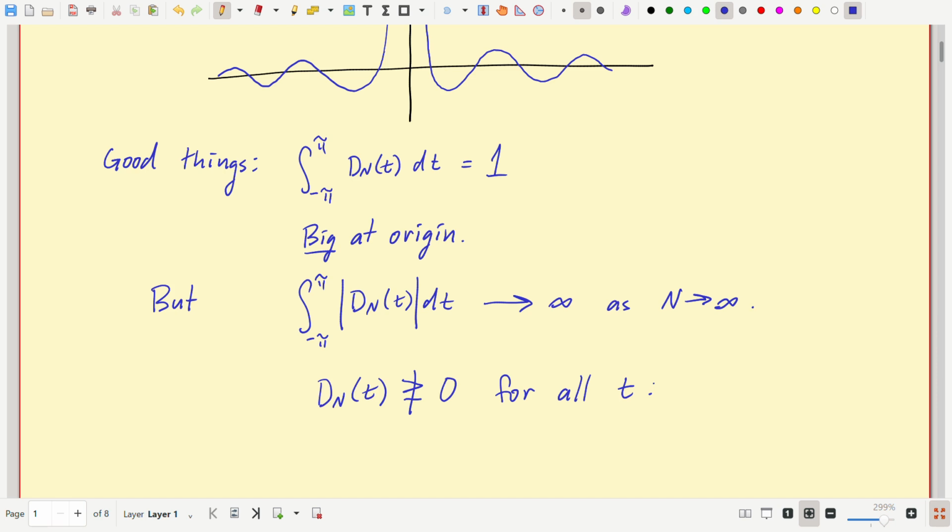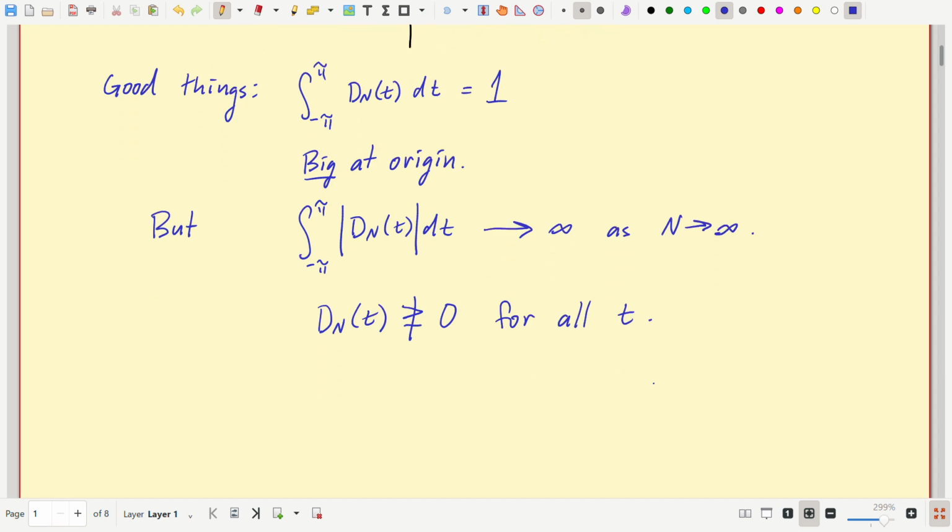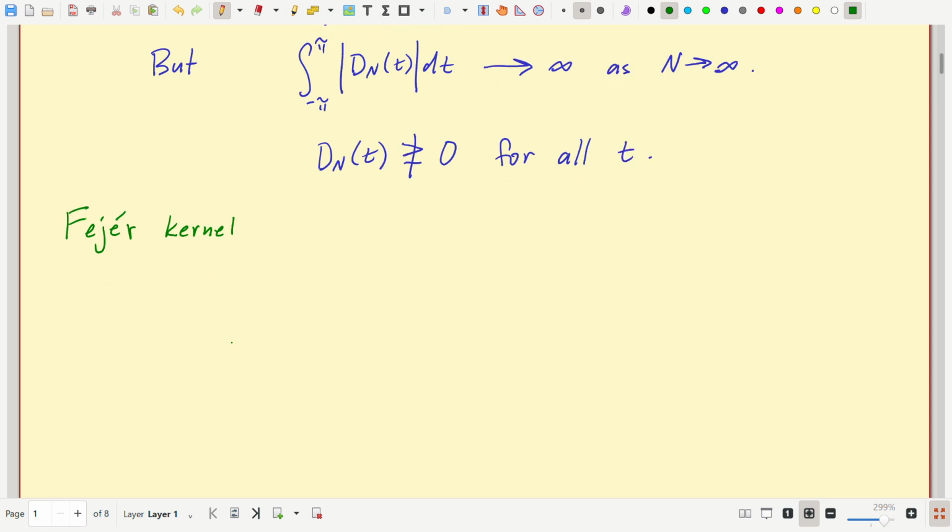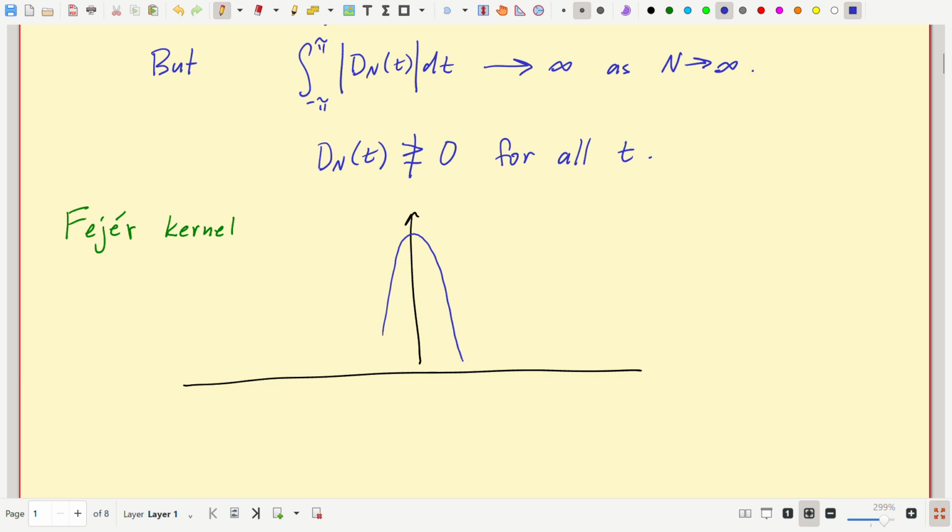And the Fejér kernel, which we'll study today and which comes up in a very interesting way, is a good one. I'll write a formula for it in a minute. It's going to have a great big bump at the origin, kind of like the Dirichlet one does. But then it's going to remain positive, and it's going to get really small out here.